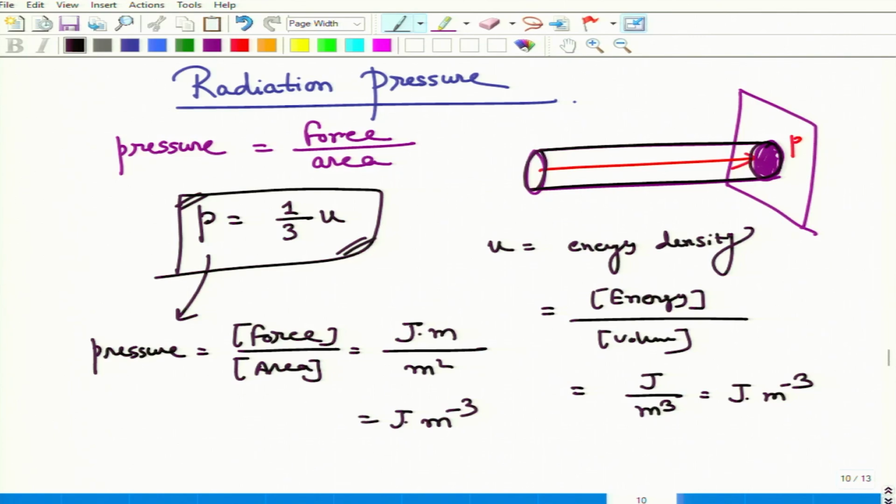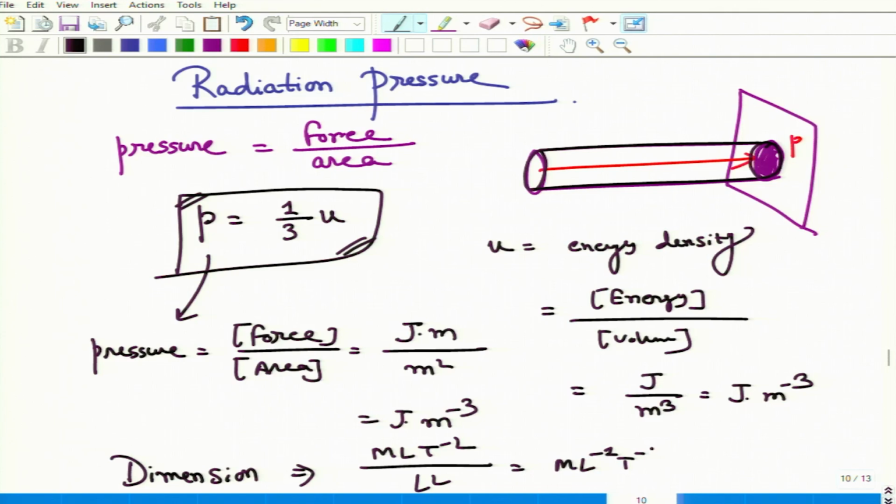The dimension of radiation pressure: force is M L T to the power minus 2, force is mass times acceleration, divided by area, which is L square. So it is M L to the power minus 1 T to the power minus 2.